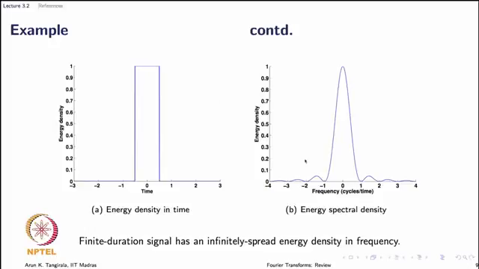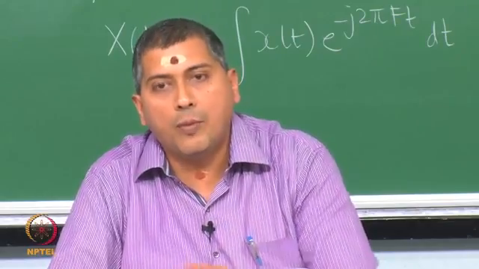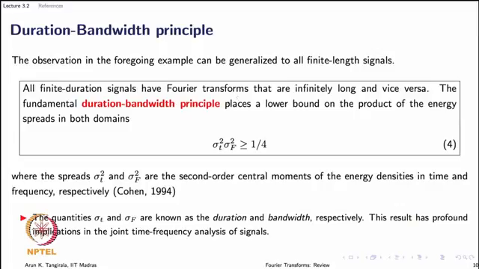Now, the formal expressions for duration and bandwidth come in unit 4, but the qualitative feel should already be there. So, with this qualitative feel for duration and bandwidth, and without going through a formal proof, I am stating the duration bandwidth principle, which we will revisit later on.